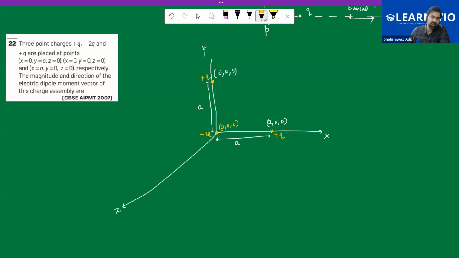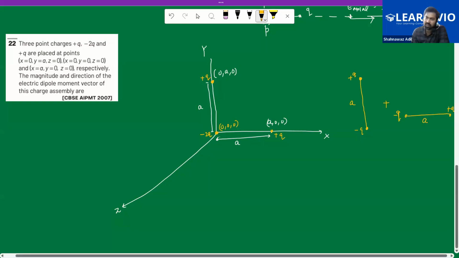So what you can do is break this minus 2q as minus q and minus q. So you will have a dipole with minus q and plus q, and the separation is this. So this is one dipole, plus you have another dipole in this way, minus q and plus q in the x direction at a distance a.